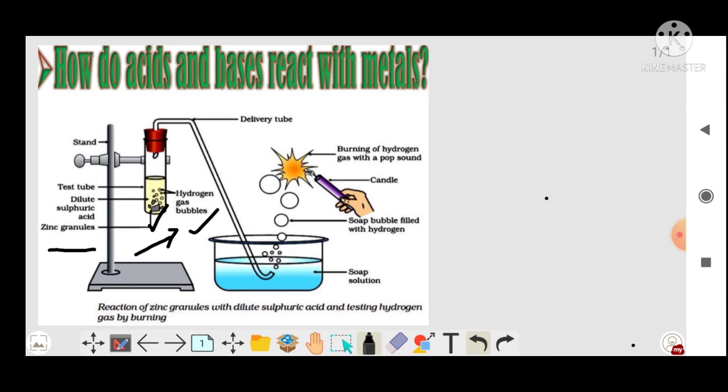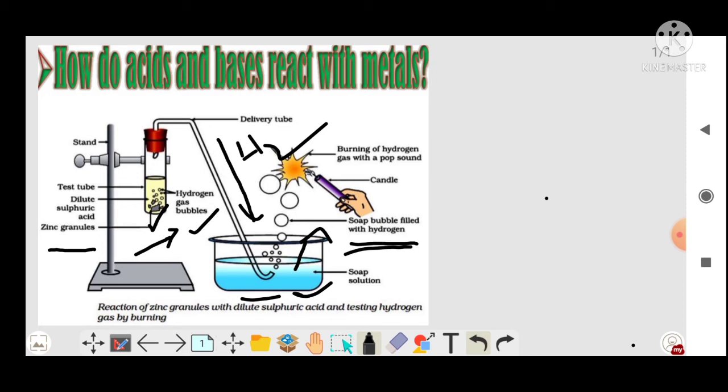Through the delivery tube the hydrogen gas passes into the soap solution. As a result, soap bubbles are produced which are filled with hydrogen.